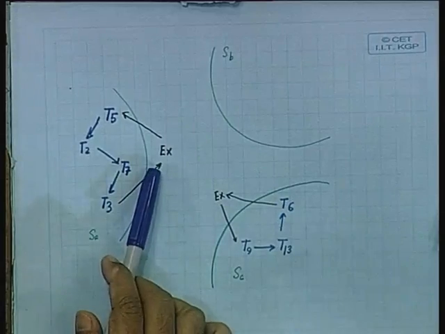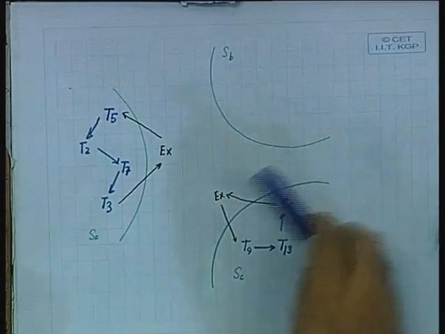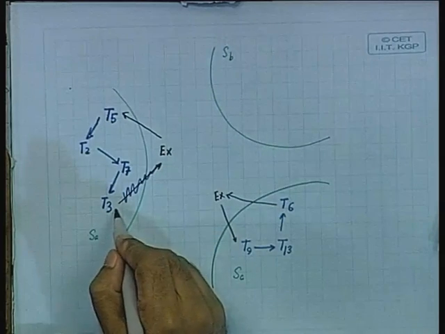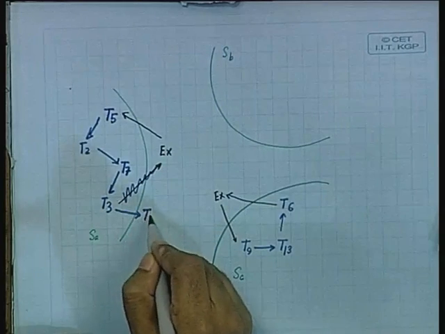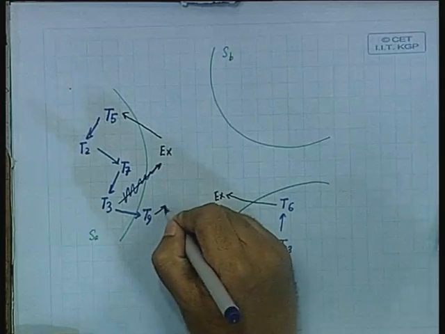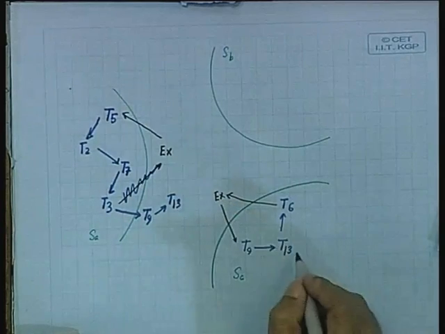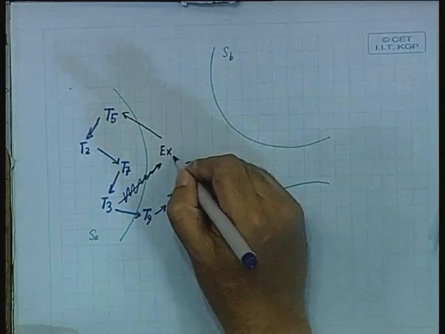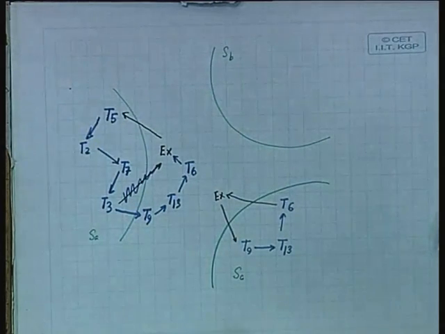When this one is received here, what does it do? It extends this. So, it removes this and then it says that okay, now I have T9, I have T13 from here, I have T6 and then I have Ex, right.